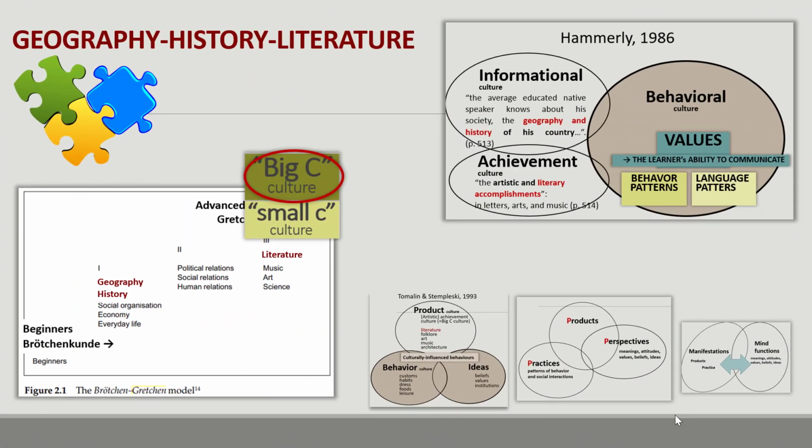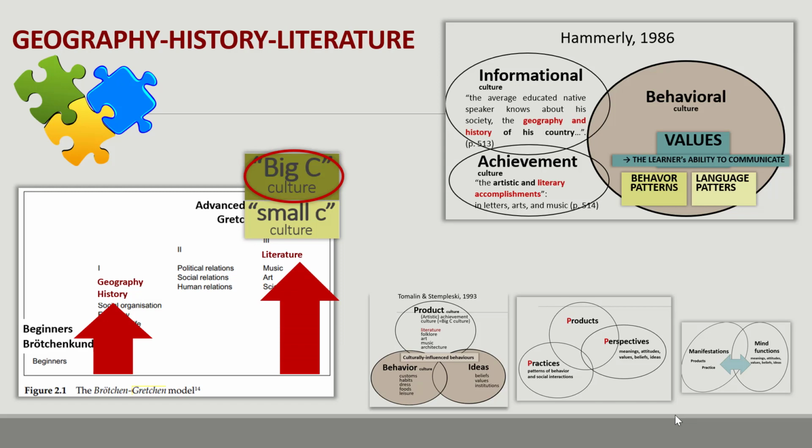Again, we can observe the association between literature, history, and geography in the Brötchenkunde-Gretchenkunde model as a variation of the big C, small c culture model, and in Hammerly's model too. In the Brötchenkunde-Gretchenkunde model, history and geography belong to the aspects of culture suggested to be taught to beginners, Brötchenkunde, while literature is suggested for advanced students, Gretchenkunde.